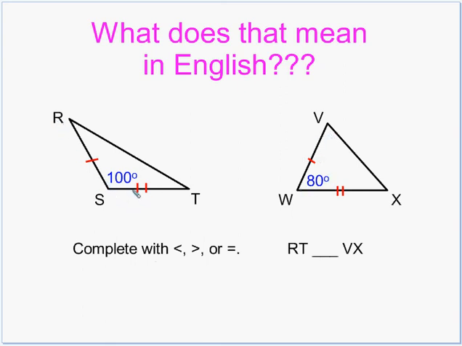We can see side ST is congruent to side WX. If angle S is 100 degrees, angle W is 80 degrees. We will look opposite those angles and compare those opposite sides. 100 is greater than 80, therefore RT is greater than VX.